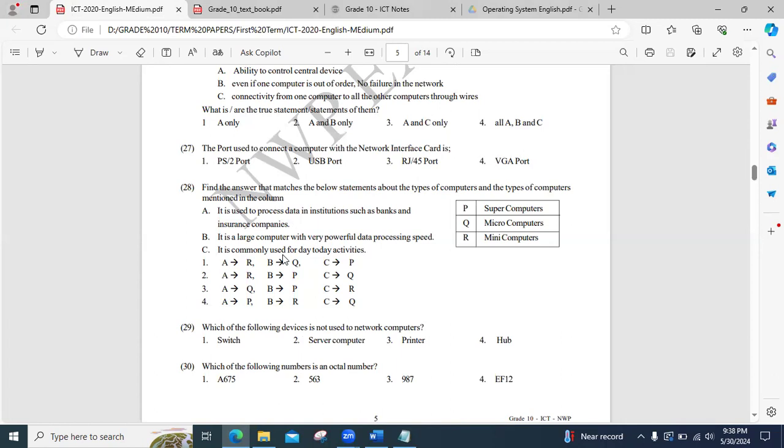C, it is commonly used for day-to-day activities. So for A, we can use mini computers. B, we can use supercomputers. C, you can use microcomputers. So the 28 answer should be 2.